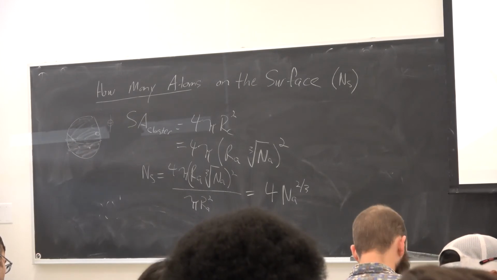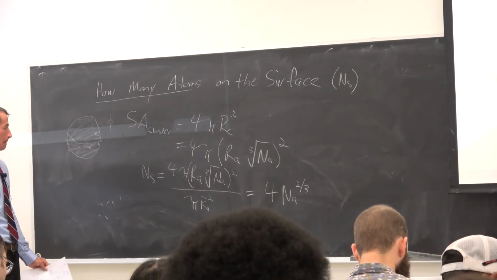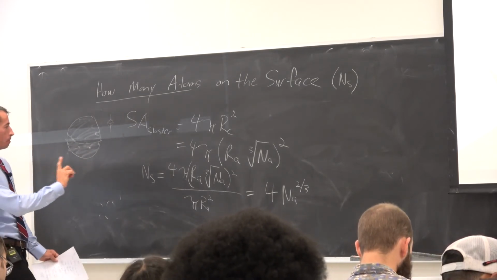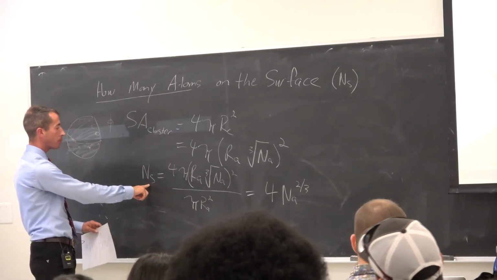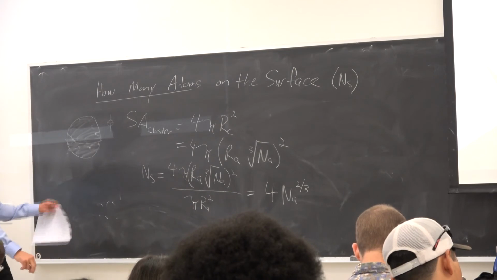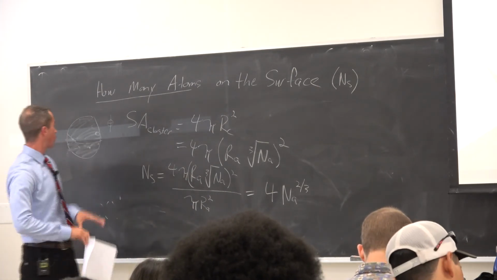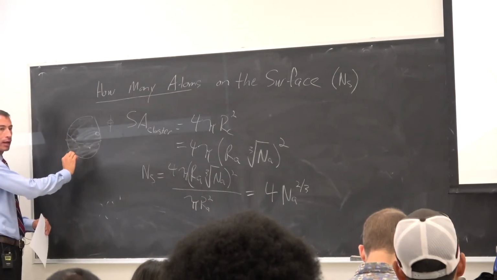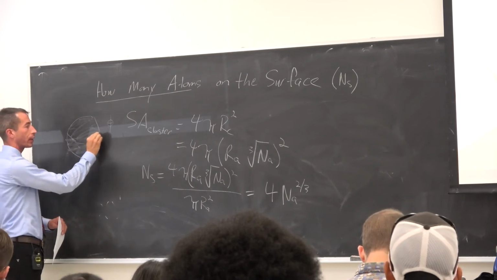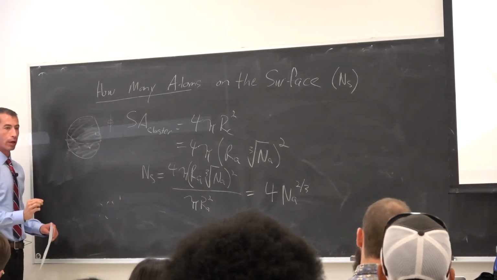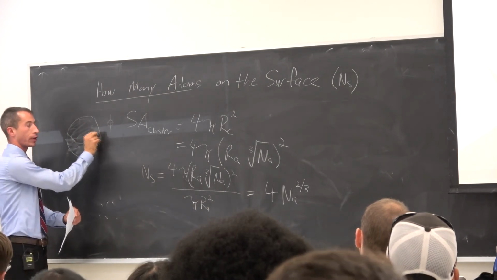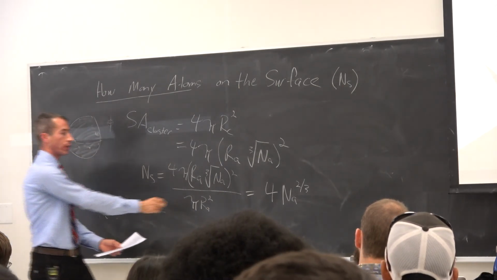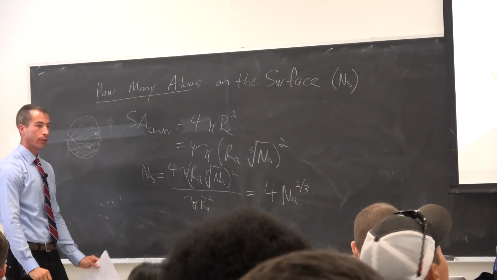I'm confused where you got the NS and 4 pi r squared term from. NS is the number of atoms that are on the surface. So here we calculated the total surface area, and then we're doing the area of just one atom. If we have all of this area, and we know the area of one atom, then that's the number of atoms.